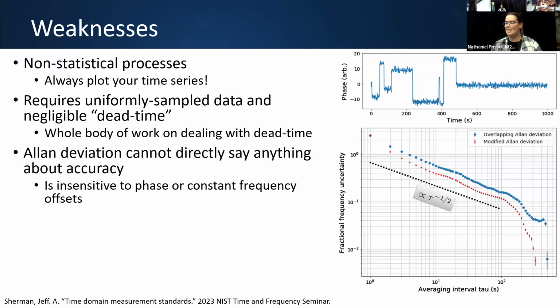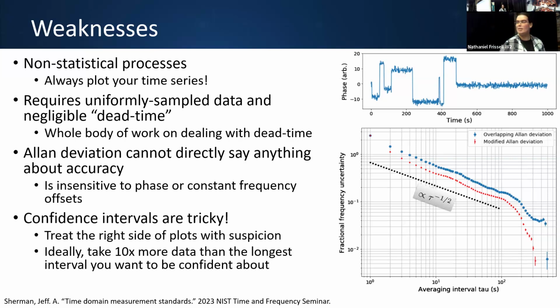So you can't say this clock is calibrated to whatever. You can only say how stable it is, and you've got to go through some separate process for that. And then error bars are tricky. Insert some kind of XKCD comic here. They're hard. There's a lot of work on it. But ideally, for these things, you unfortunately need a lot more data than the intervals you actually want to care about.